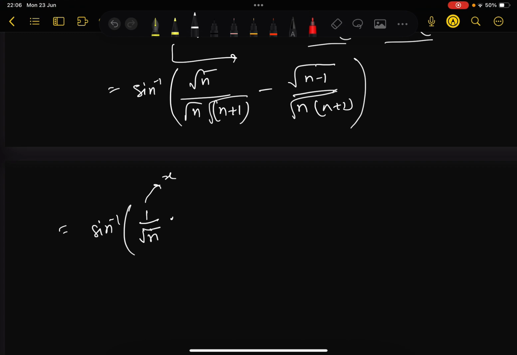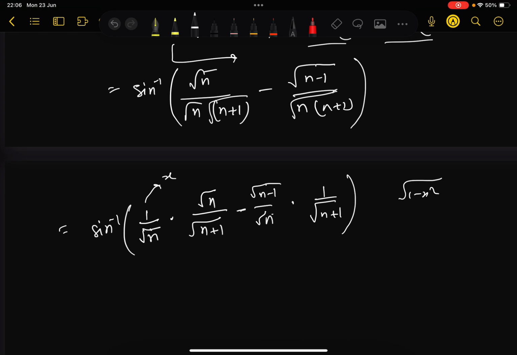So suppose this is x, then this term should be root of 1 minus y square. That means there should be a term y here. So let's separate root of 1 minus x square. If we separate n minus 1 divided by root n, with a minus here, except this one we get root of n plus 1, right?